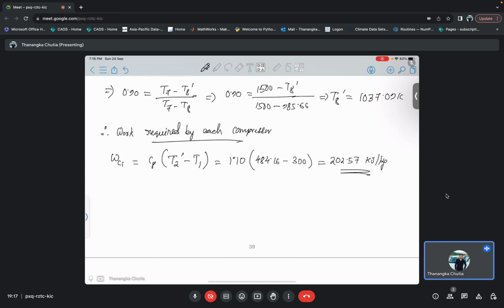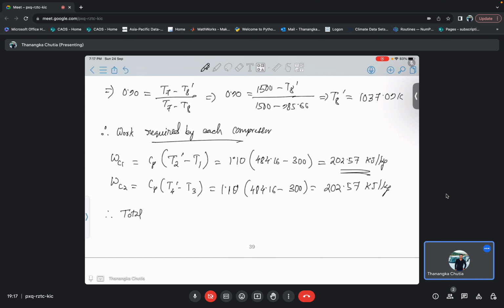This will also be equal for the second compressor work, because the temperatures are also the same. Cp times T4 prime minus T3 is 1.10 into 484.16 minus 300, which will also be equal to 202.57 kilojoule per kg.